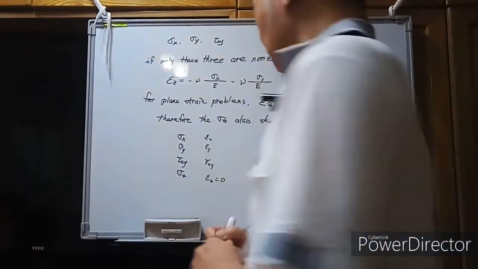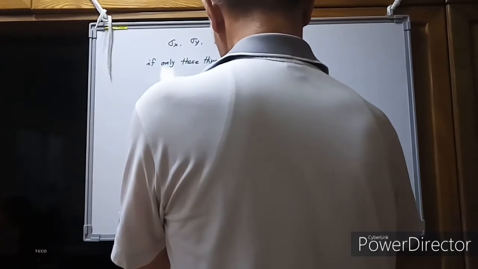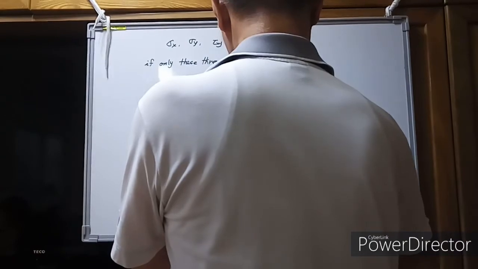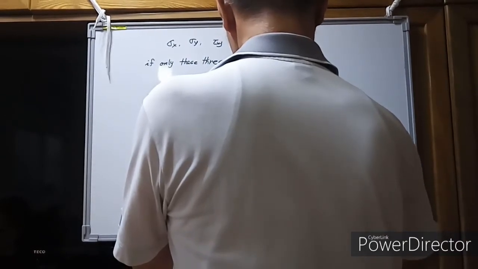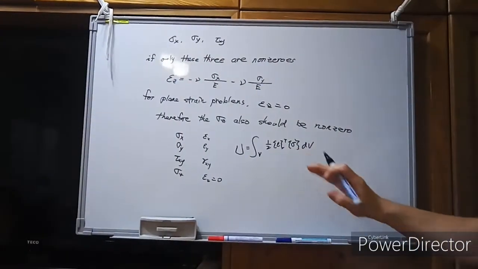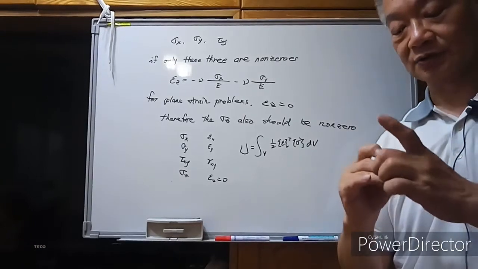Okay, so along the z direction, the stress is non-zero, but the strain is equal to 0. When we calculate the strain energy, remember, we can always use this formula to calculate the strain energy for any structural models.